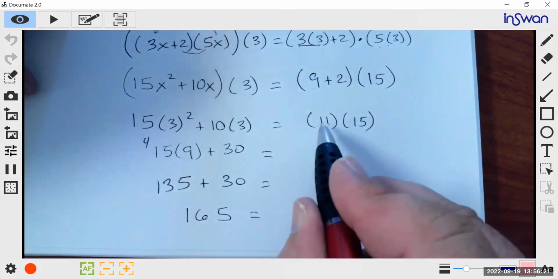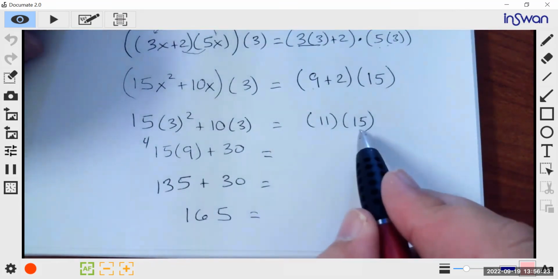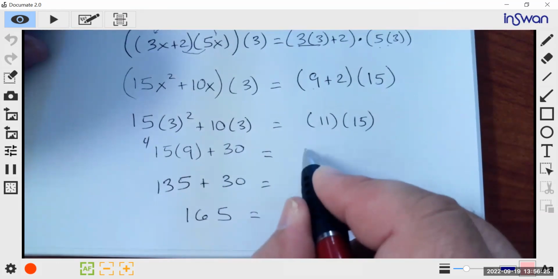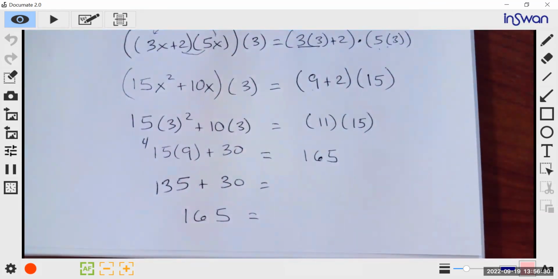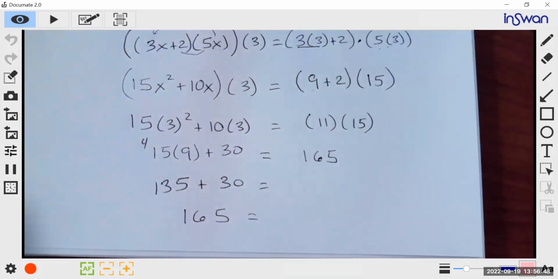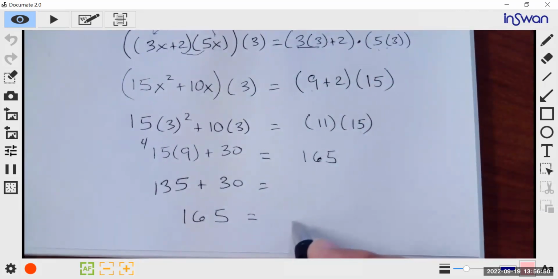So 11 times 15: 10 times 15 is 150 plus 15 more is 165. Yes, obviously the right-hand side is a lot easier, because you take each function separately and then put the answers together at the end. Much easier. But sometimes it may be easier to combine them first and make them smaller and then put them in there. It'll save you time in the long run. So these are equal.